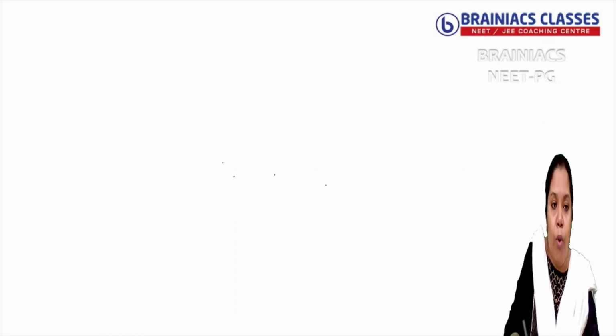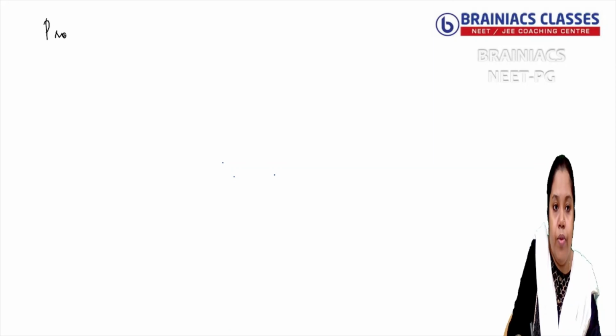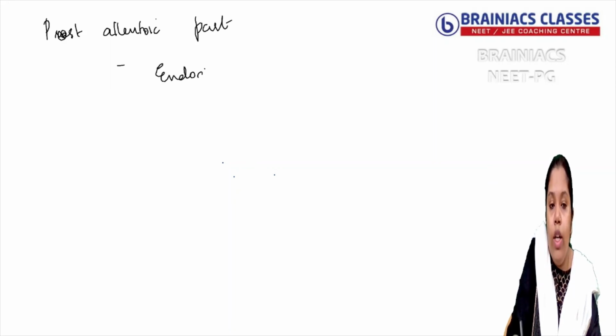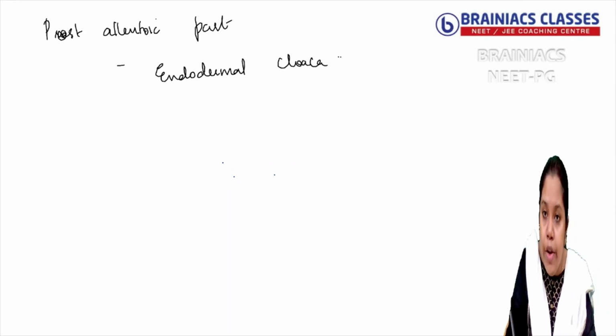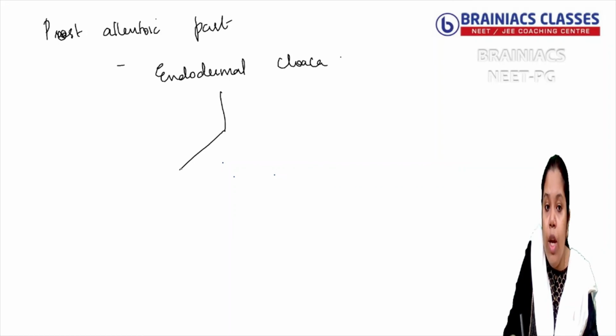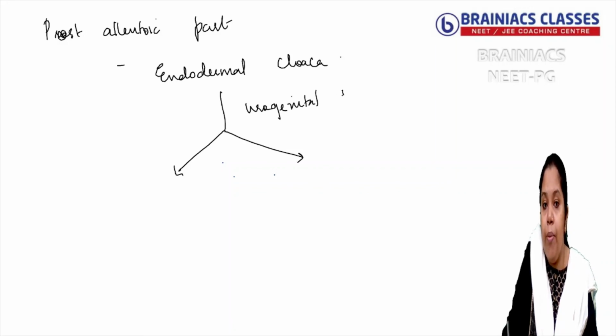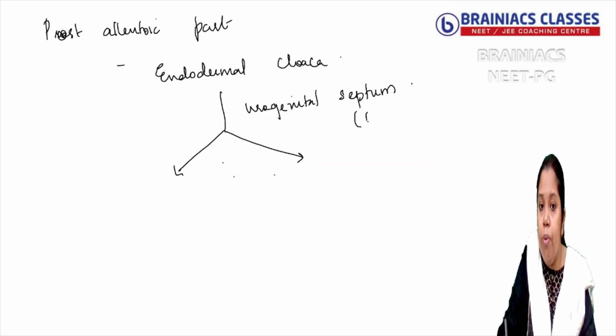If you take the post-allantoic part, this is also called the endodermal cloaca, which will be divided into two parts with the formation of a urogenital septum. Can you tell me from where this urogenital septum arises? It arises from the intermediate mesoderm.